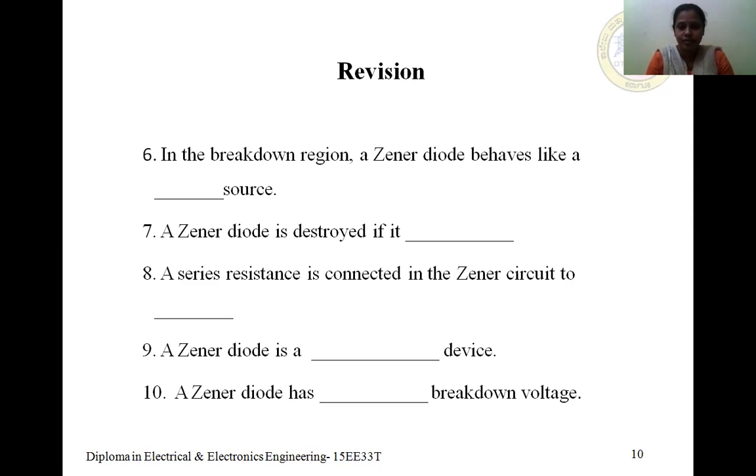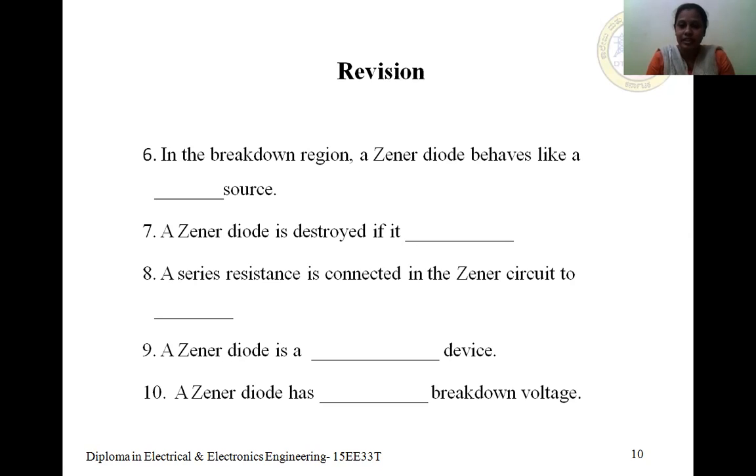Next, coming to the seventh question. In the seventh question, a Zener diode is destroyed if it carries dash current. So a Zener diode is destroyed when it carries a current more than the rated value. As I said, it conducts in the forward biased and reverse biased conditions. In the reverse biased condition, the current is large, that is, there is a sudden increase in the current.